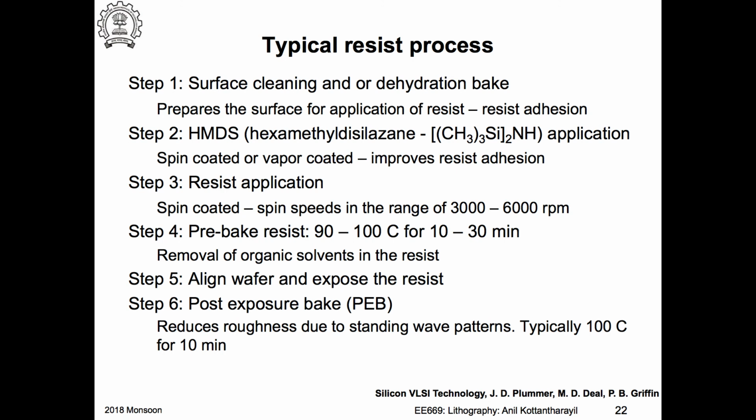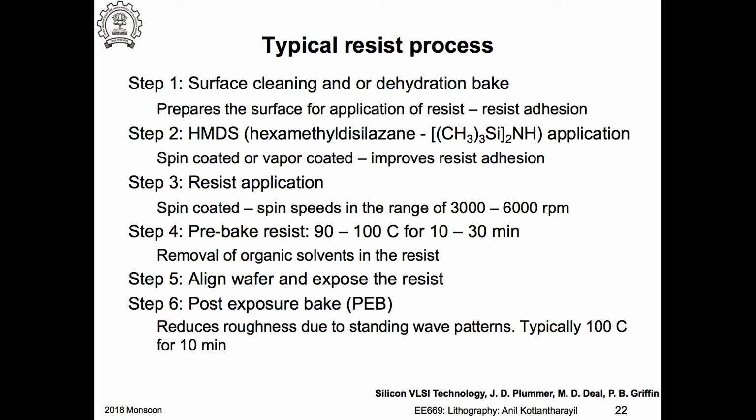This can be spin coated, or you create vapors of this in an oven and keep your wafer in there for a couple of minutes, and this gets deposited on the wafer surface, and then you get better adhesion of the photoresist. This is a very commonly employed process.